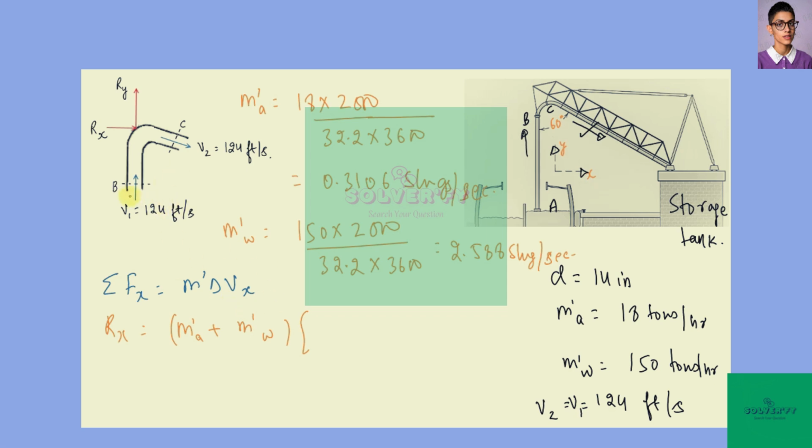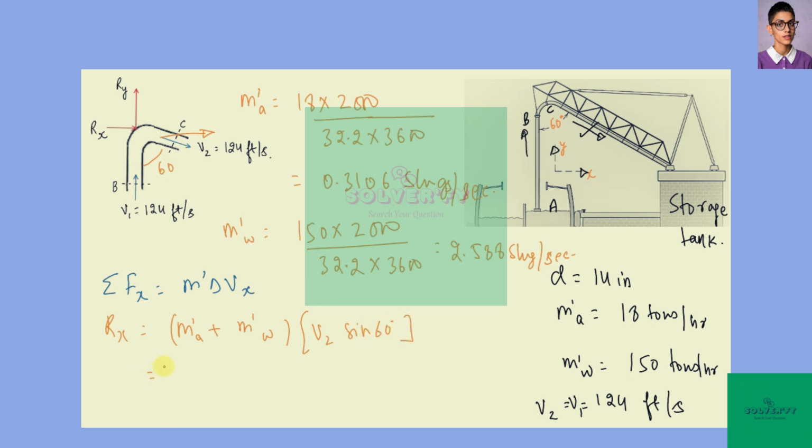Now there is no component of the initial velocity in the x direction, so the initial velocity will be 0. We have to take only the final velocity, and the component of this velocity, as this angle is 60 degrees, in the x direction would be V2 sine 60 degrees.